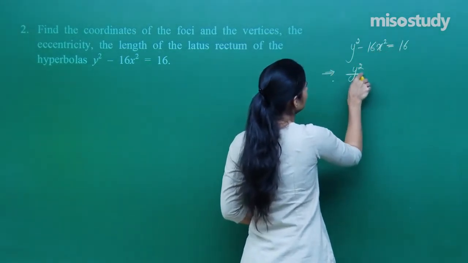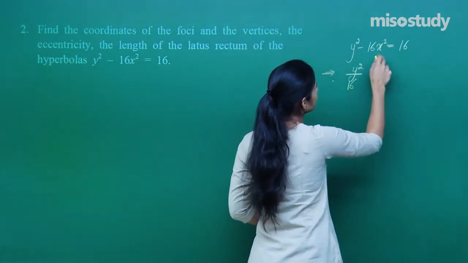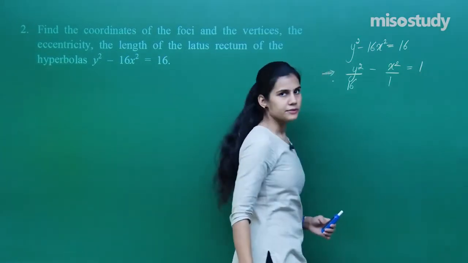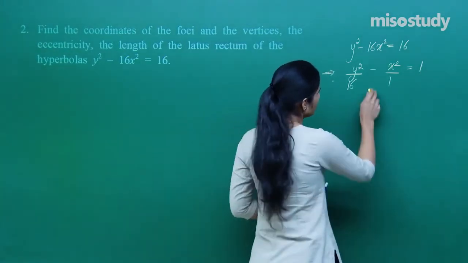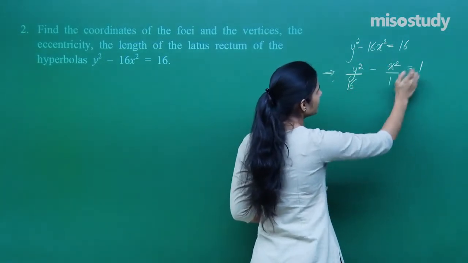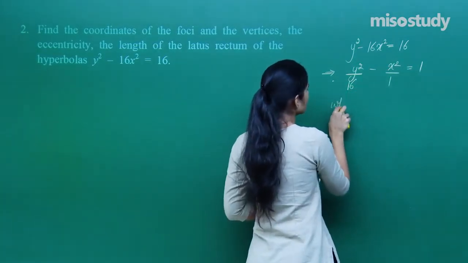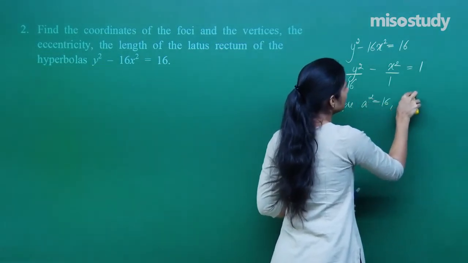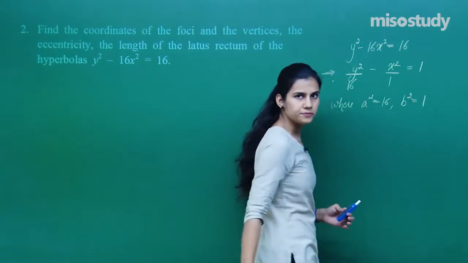You will be getting y square by 16 minus x square by 1 equals 1, which resembles the standard form y square by a square minus x square by b square equals 1. So where a square is 16, b square is 1.